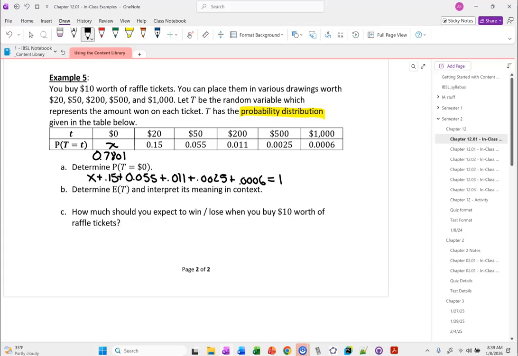All right. Part B says determine the expected value of t and interpret that meaning in context. Okay. I'll write it in this time because I don't want to confuse anybody. So I will put the 0 there.